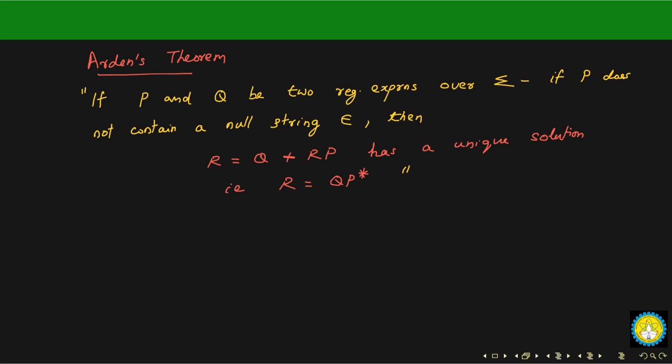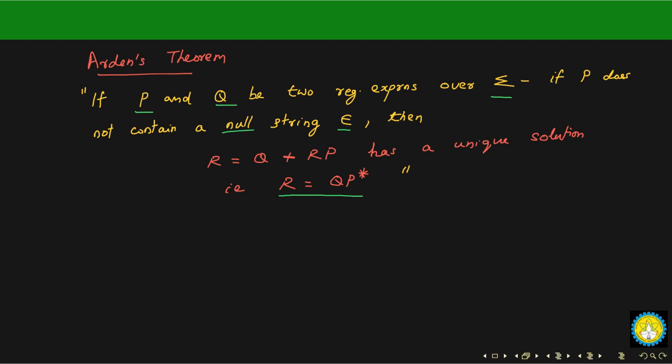Now let us look at Arden's theorem. According to Arden's theorem, if P and Q are two regular expressions over sigma, the alphabet set, and if P does not contain a null string, that is epsilon, then R equal to Q plus RP has a unique solution, that is R is equal to QP star.